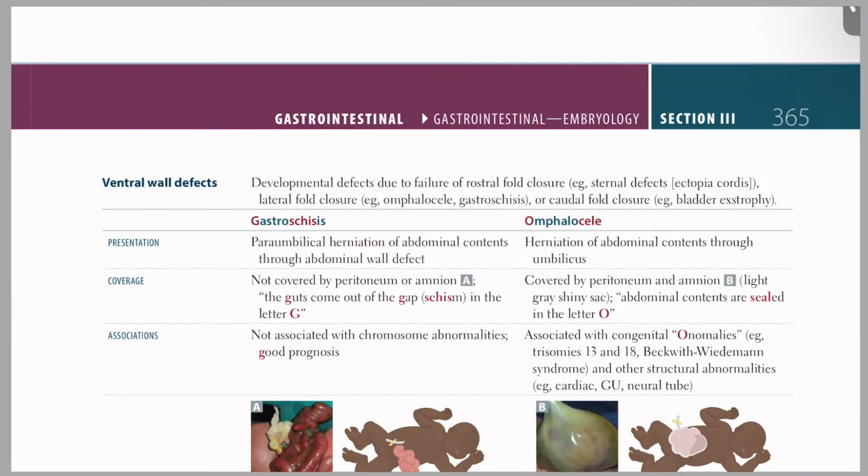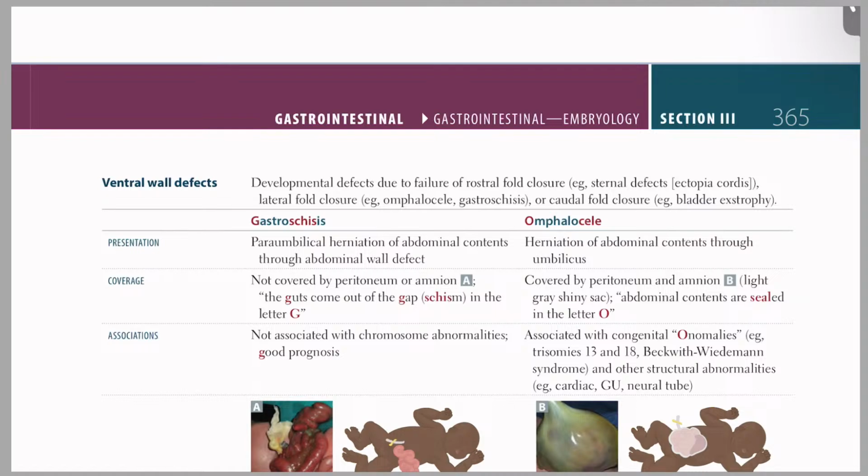Ventral wall defects: developmental defects due to failure of rostral fold closure, that is sternal defect, ectopia cordis; lateral fold closure, omphalocele, gastroschisis; or caudal fold closure, that is bladder exstrophy. Gastroschisis, omphalocele.